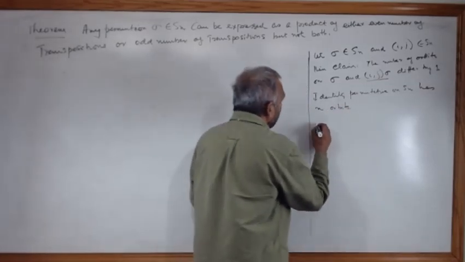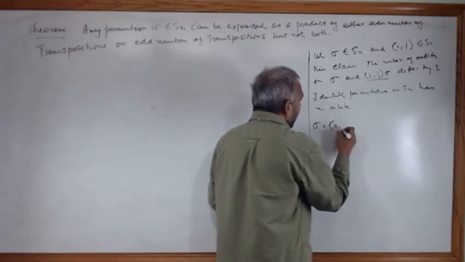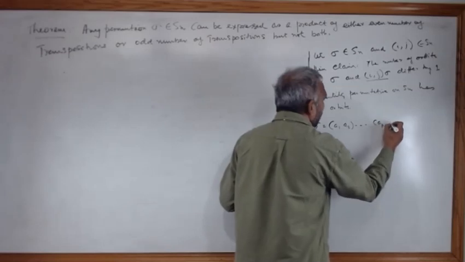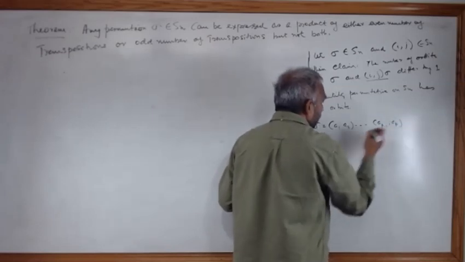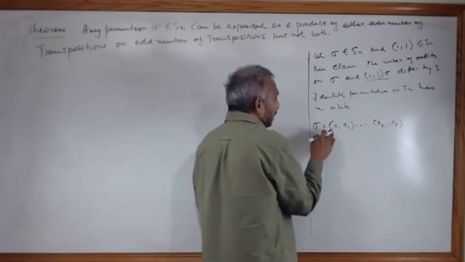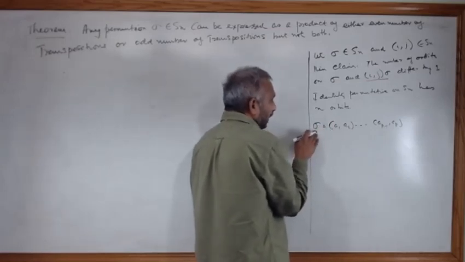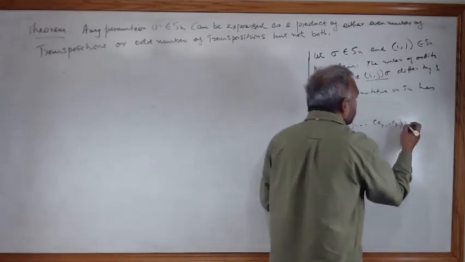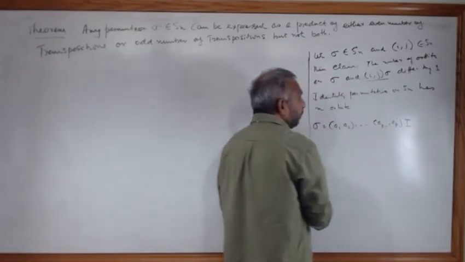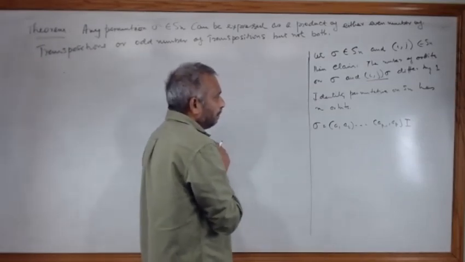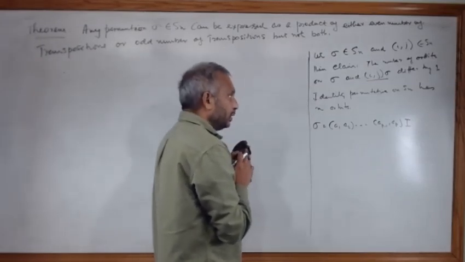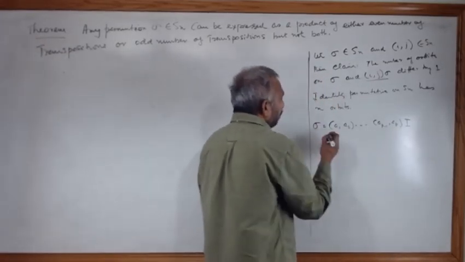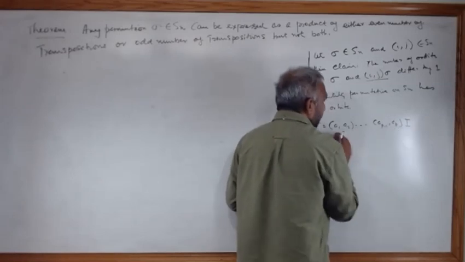Now sigma can be written as a1 a2 ... a(p-1) a(p), assuming that sigma is a product of p transpositions, and you can also write it as composed with I. This I is the identity permutation, because if you compose with I, it remains the same.